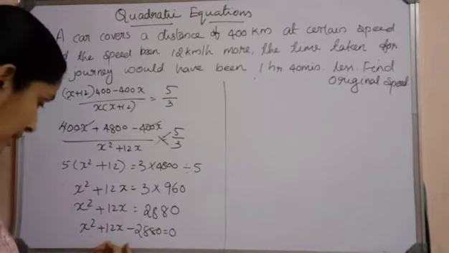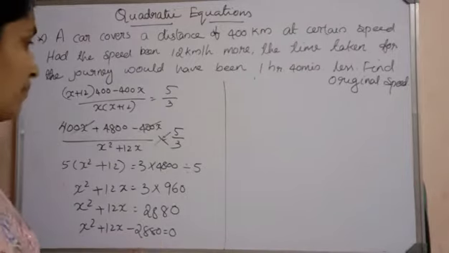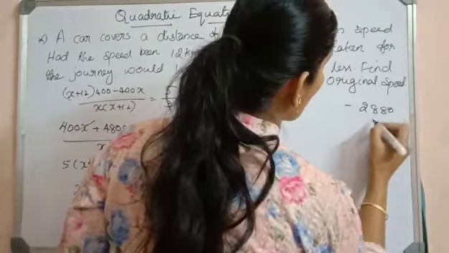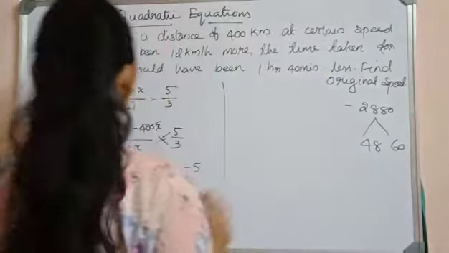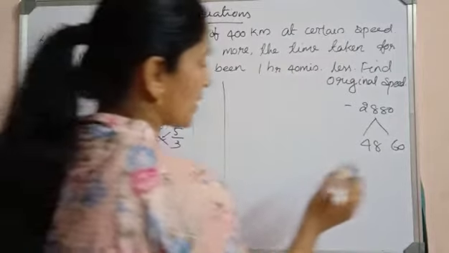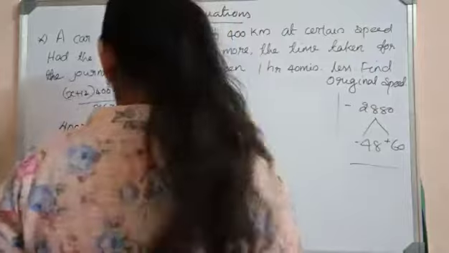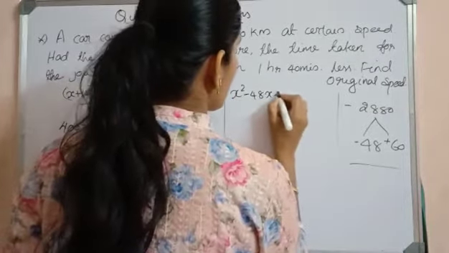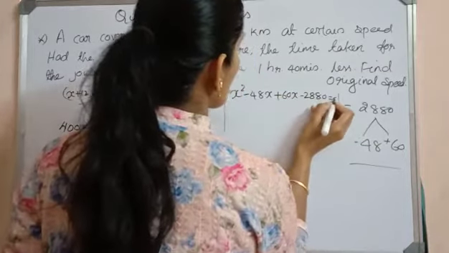Now we need to split this so that the sum is plus 12 and the product is minus 2880. So when we split minus 2880 into two terms, we get 48 and 60 as the two terms. Since the sum is positive, the greater number is positive and the smaller number is negative. So the equation changes to x square minus 48x plus 60x minus 2880 is equal to 0.